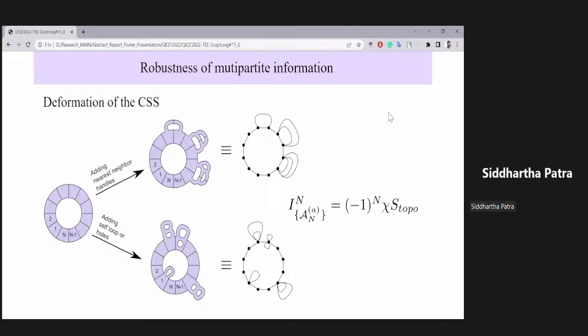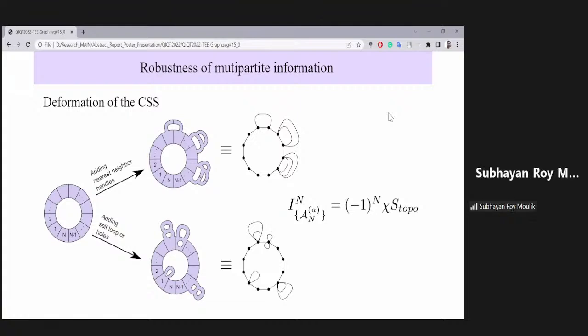So under those model changes, the entanglement structure will be invariant. So this gives an extra security on top of that. So already this topological order system is robust against any local perturbation. So there is already a safety, but this extra entanglement robustness is giving another level of safety.